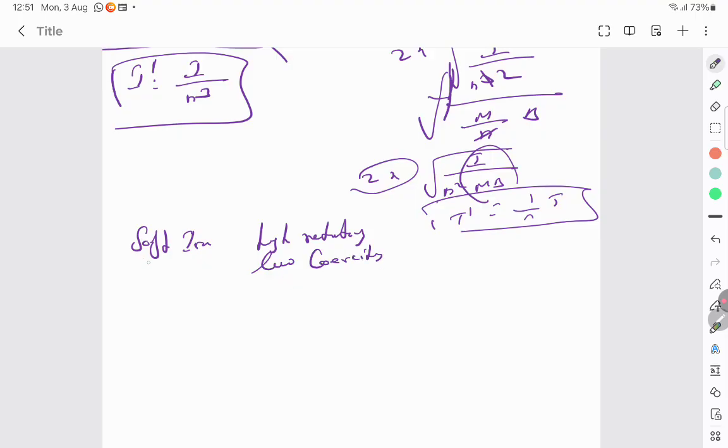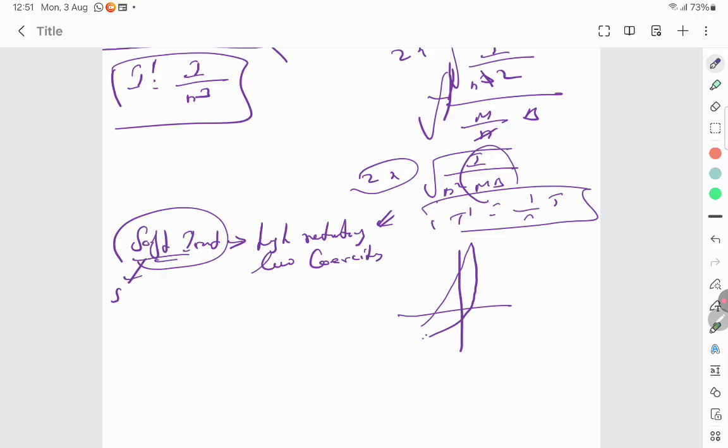In general, a soft ferromagnetic substance should have low retentivity and low coercivity. But actually, soft iron seems to have high retentivity but low coercivity. That's a special nature of soft iron. You cannot categorize it simply as a soft ferromagnetic substance; its behavior is peculiar, and soft iron is the only metal which we can use as a permanent magnet also, because of its high retentivity but low coercivity.